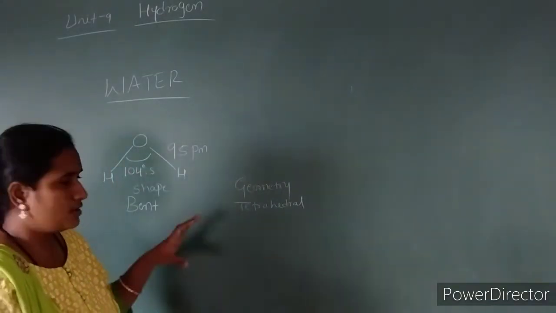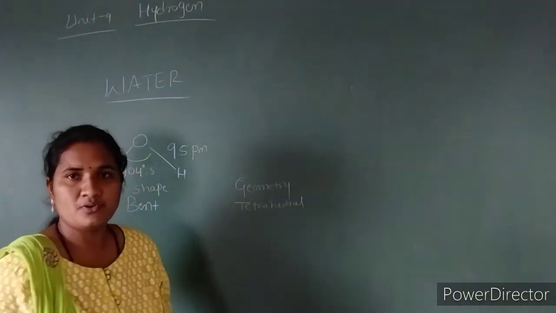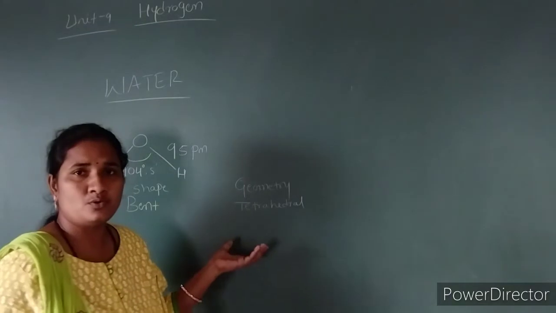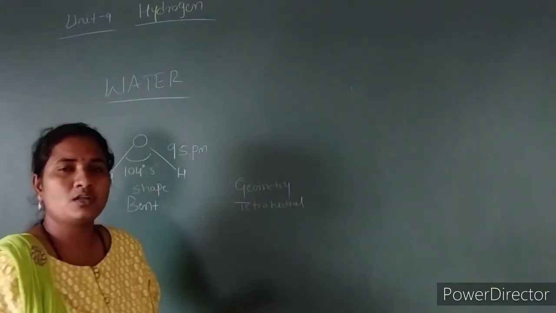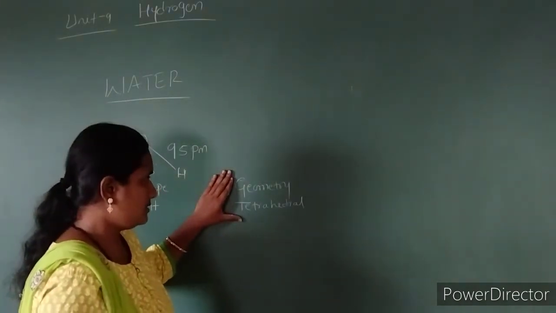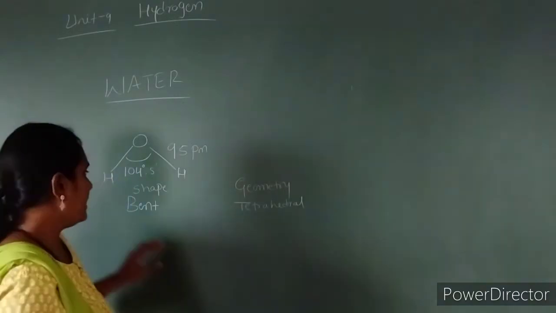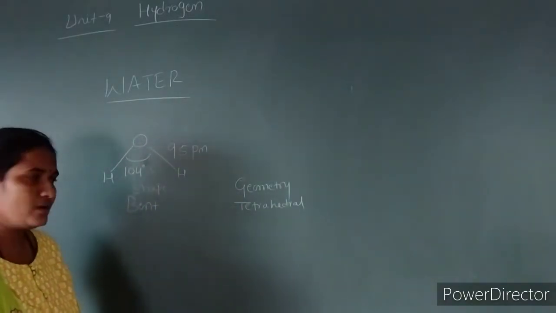If we consider the total number of lone pairs as well as bond pairs, we get the geometry of the molecule. You already know about the VSEPR theory, which tells that the total number of lone pairs and bond pairs gives the geometry of a molecule, and the bond pairs give the shape of a molecule.